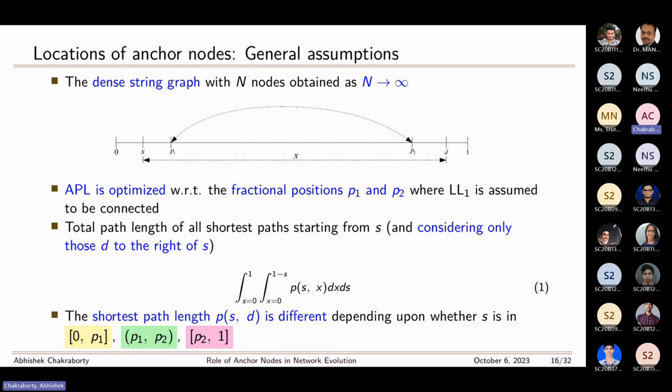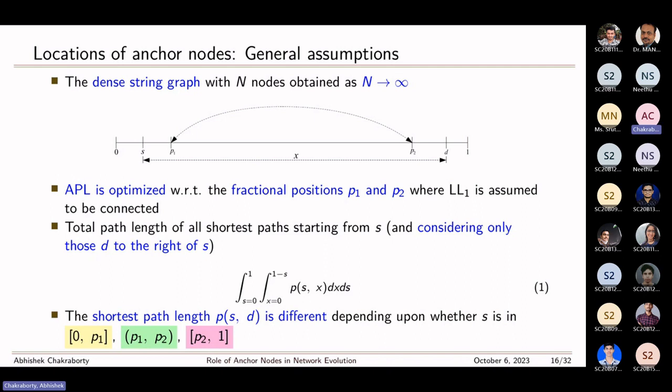Instead of D, we use X. D is the destination, but we just change D to X. So we can use 1 minus X, or maybe S plus X is the D. Here X is fixed, S is variable.